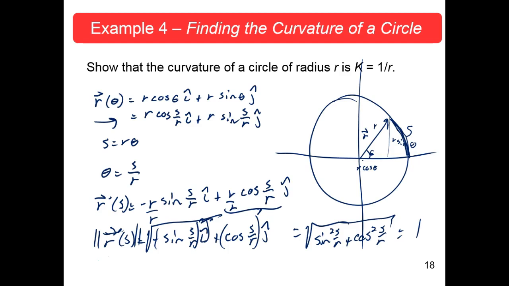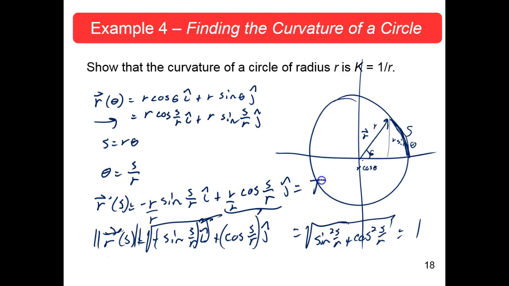If its magnitude is 1, that's also got to be the unit tangent vector. This is also T of s, the unit tangent vector. Sorry, wrong one. Not r, but r prime, this one.